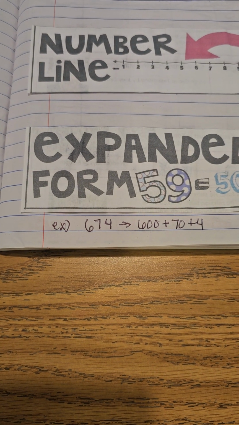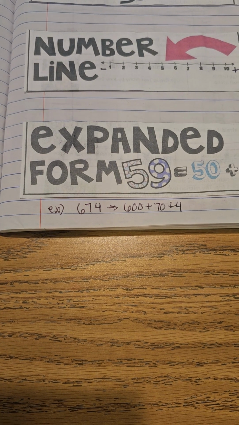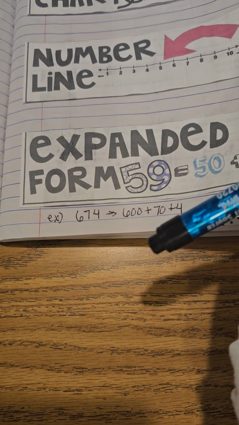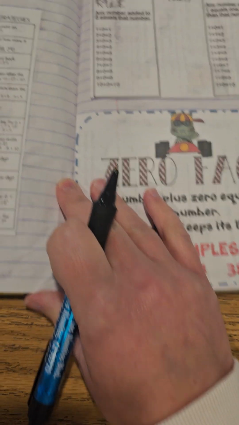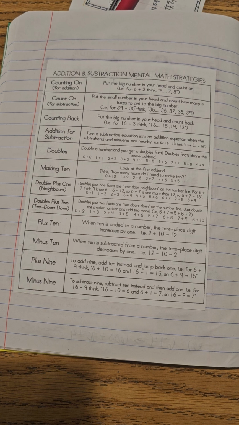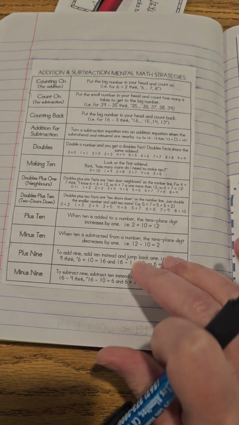So write that example down, and then turn the page. And that is the end of what we are working on. I should have put that probably on a different page, but that's all right.